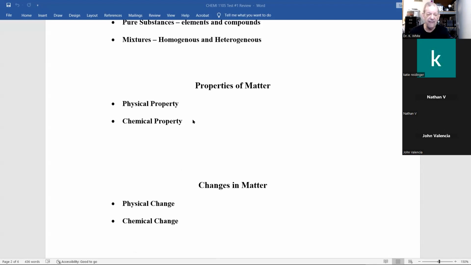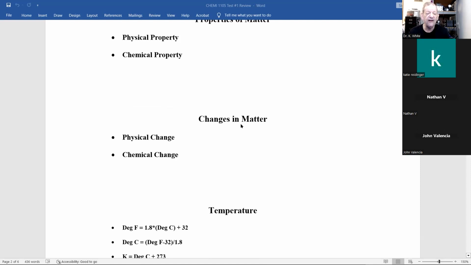And chemical properties explain how a substance can change. Gasoline is flammable, water is not flammable. Those are chemical properties. Now, I talked about changes in matter, and there are 2 types of changes in matter. One is a physical change, and one is a chemical change.